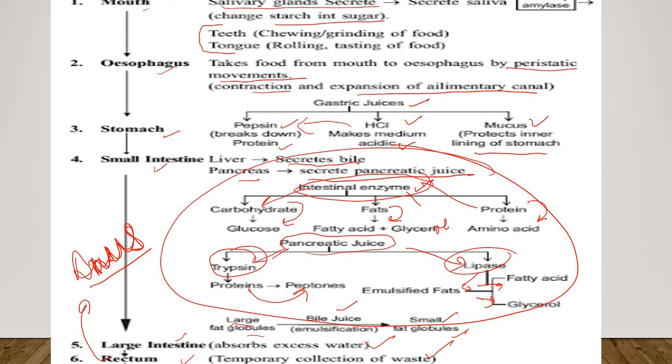In the small intestine, both the liver and pancreas secrete. So we can write trypsin or lipase. The function of trypsin is to convert proteins into peptones, and lipase is for emulsification of fats.